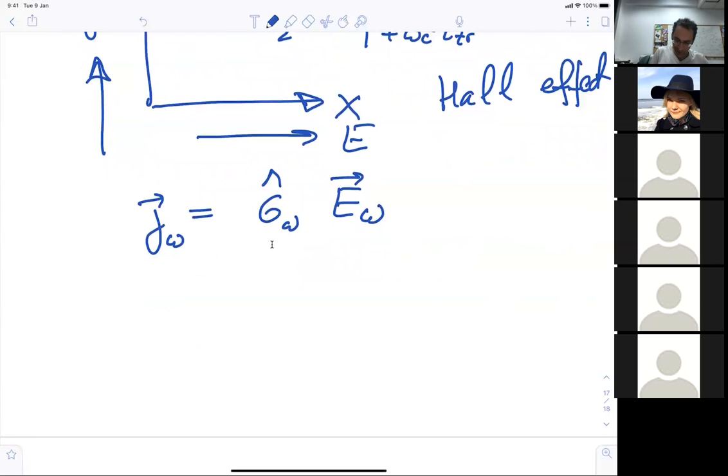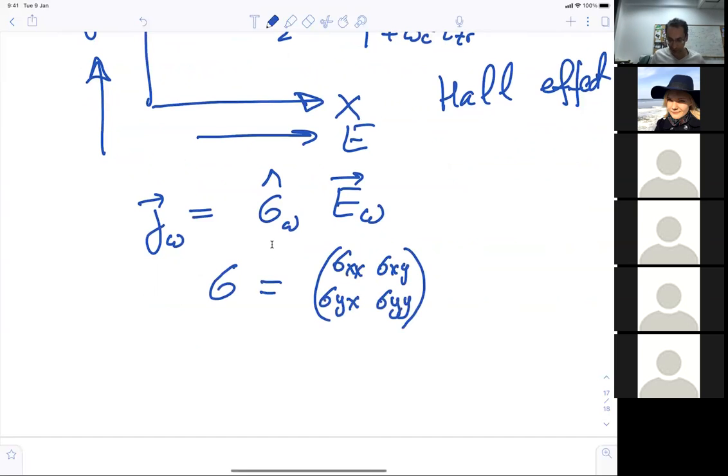It's now a matrix in the XY space, so it has a structure sigma XX, XY, YX, and sigma YY. It has this tensor structure.